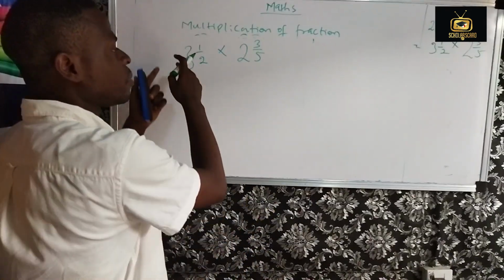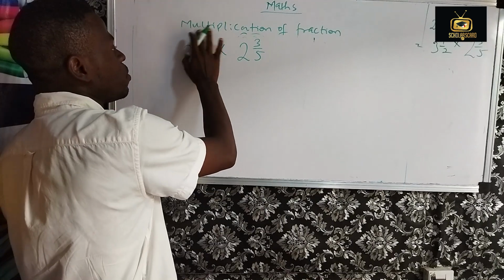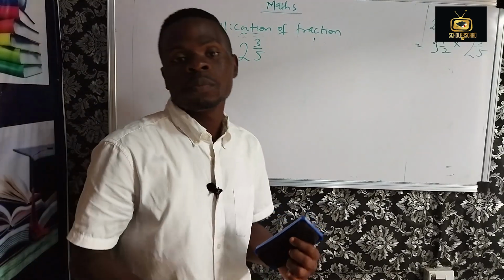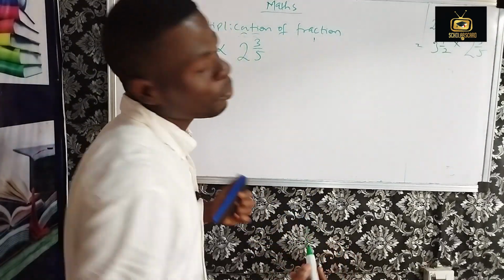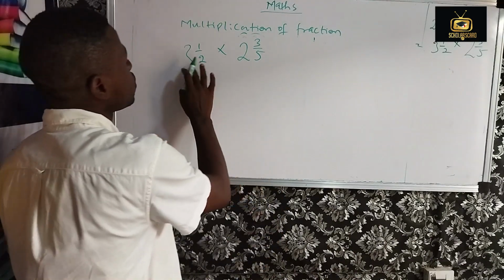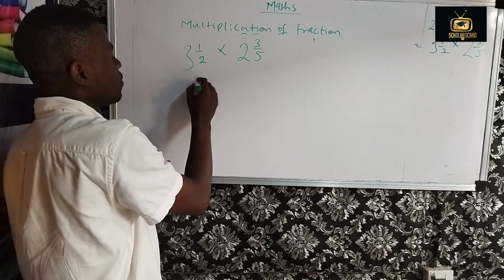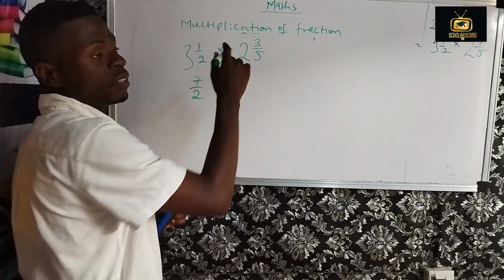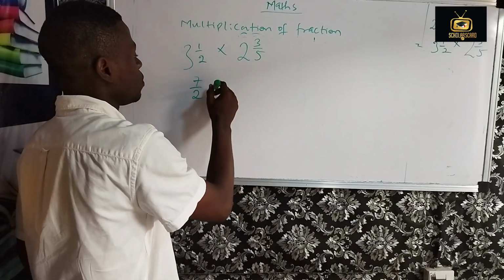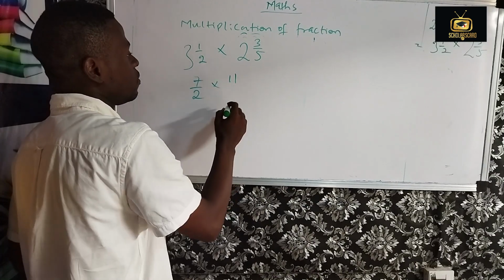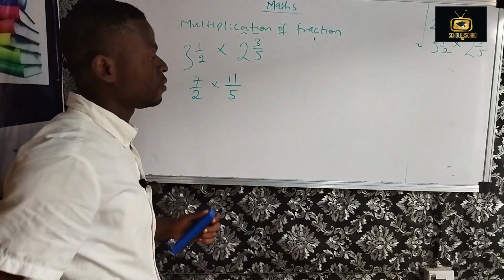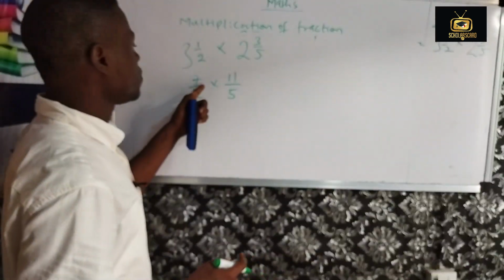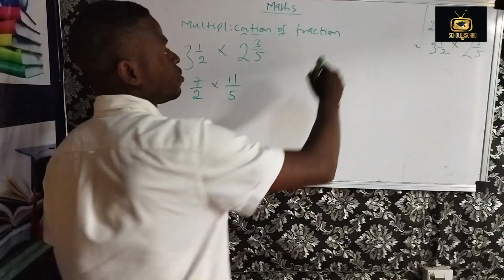So we are going to convert them to improper fractions. 3 times 2 plus 1 is 7 over 2.